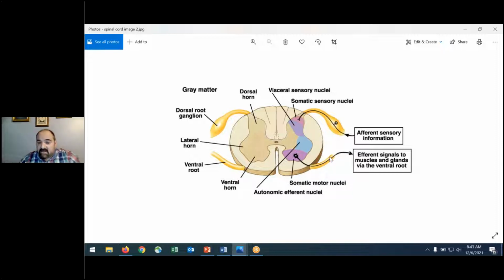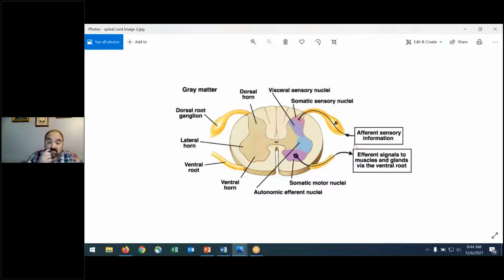So very important, folks, to remember: sensory input through the dorsal root, motor output through the ventral root. That sensory input is afferent, that motor output is efferent, E-F-F-E-R-E-N-T. So this is a really good image.